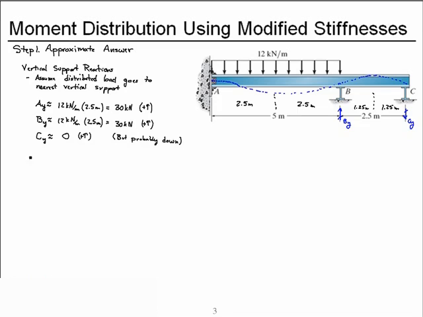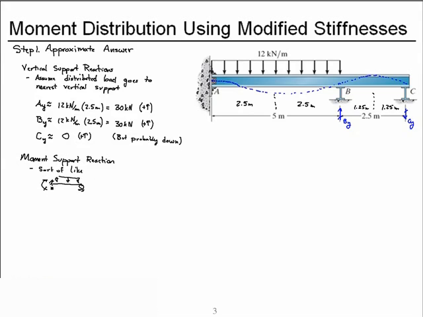Now the moment support reaction. As we look at the piece A to B, it's sort of like fixed at one end, roller at the other, with uniform distributed load, where we get a moment at the end.